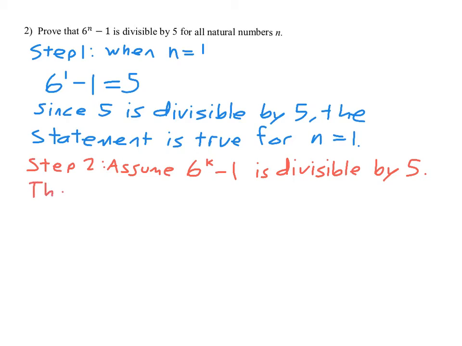It'll make it easier for step 3 to be done. So what does it mean to be divisible? To be divisible by 5, it means that it equals 5 times r. And we need to specify that r is a natural number and k as well. So where k and r are both natural numbers.